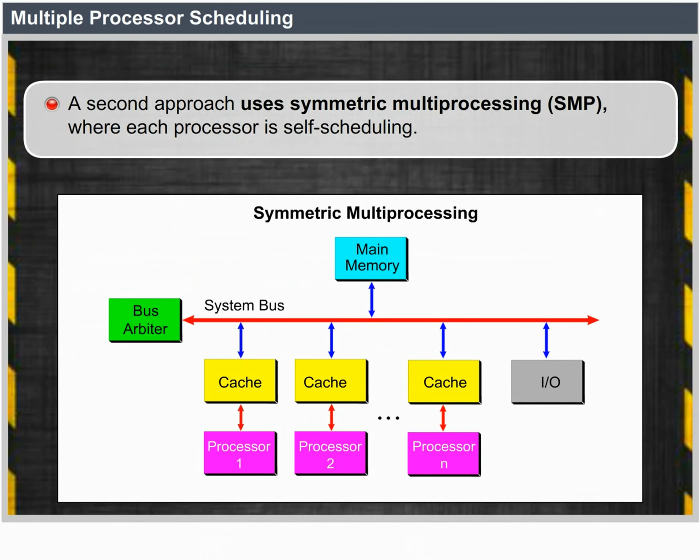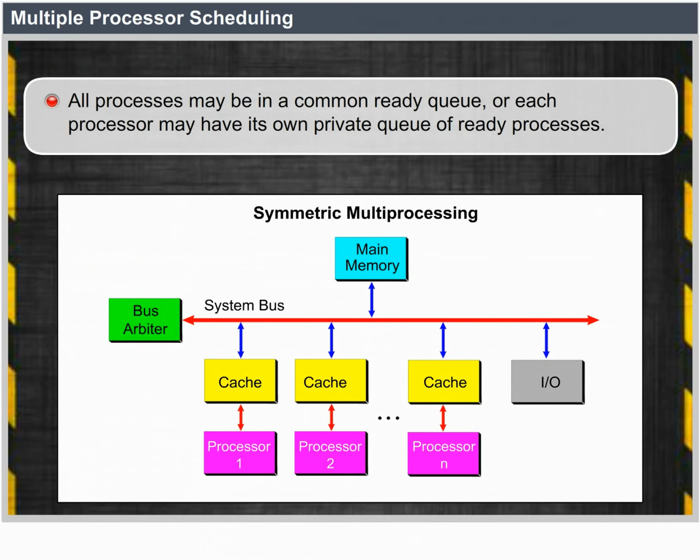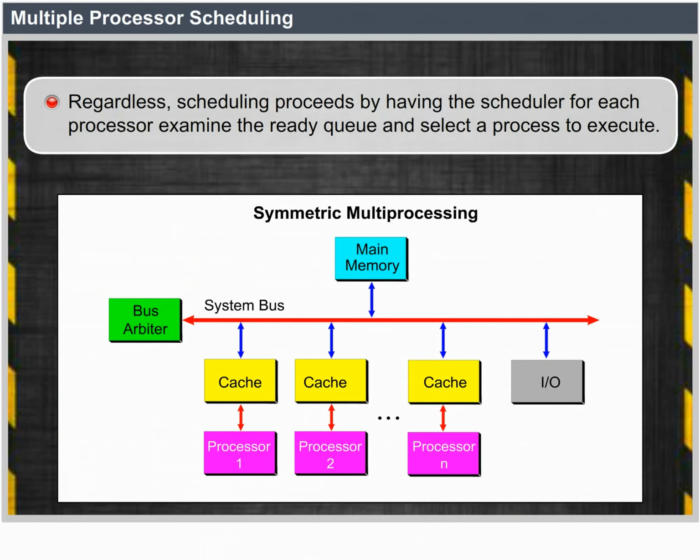A second approach uses symmetric multiprocessing, SMP, where each processor is self-scheduling. All processors may be in a common ready queue, or each processor may have its own private queue of ready processes. Regardless, scheduling proceeds by having the scheduler for each processor examine the ready queue and select a process to execute.